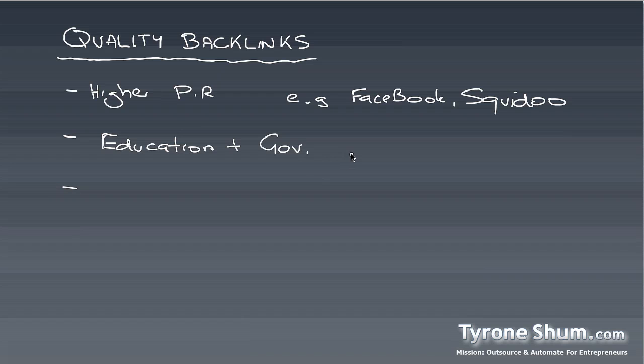I can also tell you that sometimes these are not the easiest to get, because you'll have to contact the government departments or education departments from the IT side to get access to them. But once you get access and ask them to give you a link, it actually does help with your site.